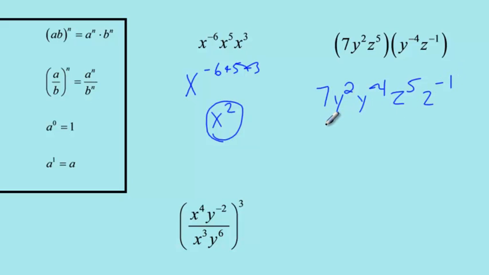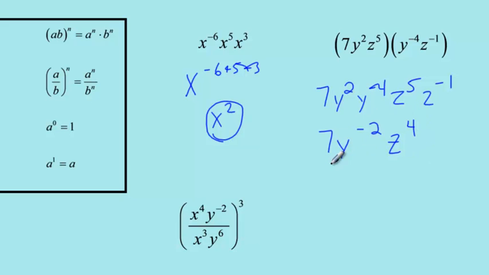Now I'm going to say, okay, 7 is by itself. I have y squared and y to the negative 4th. Well, multiplication, same base, that's going to be y to the negative 2nd. And then z to the 5th, z to the negative 1, that's same base, multiplication, so we add, and I get z to the 4th.